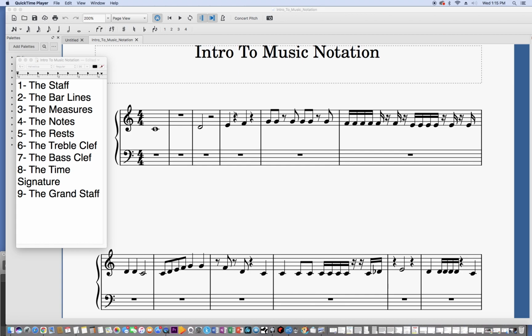And then so right, left, right, and then you curve, right? And this is what gives you the quarter rest.